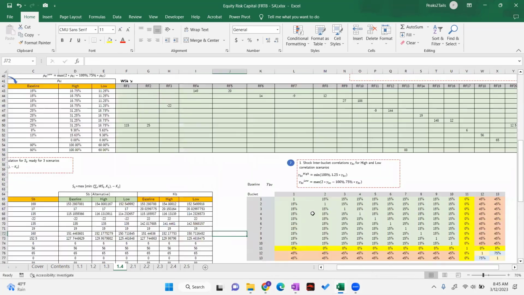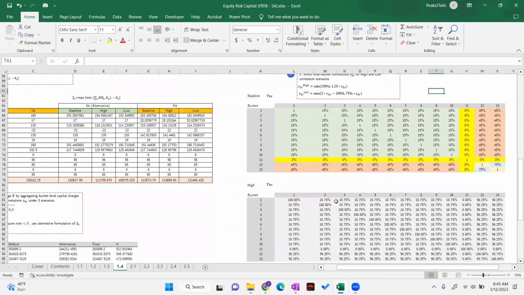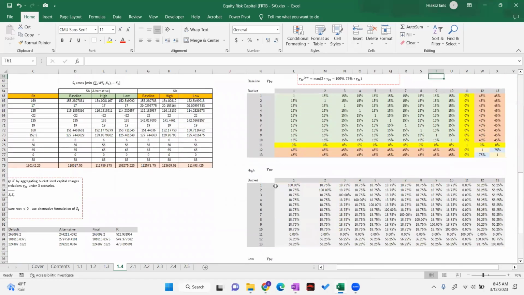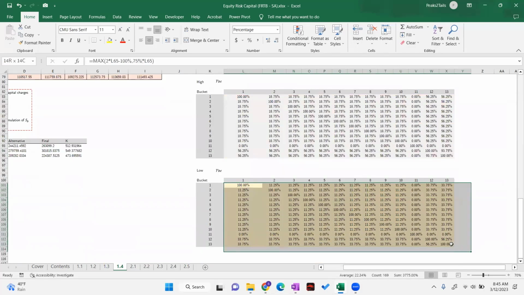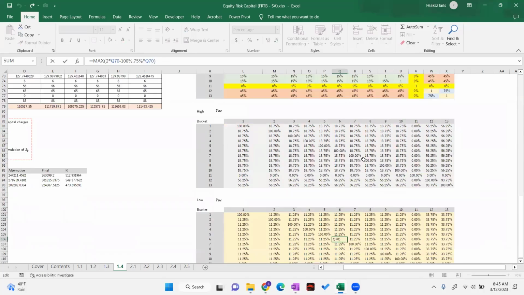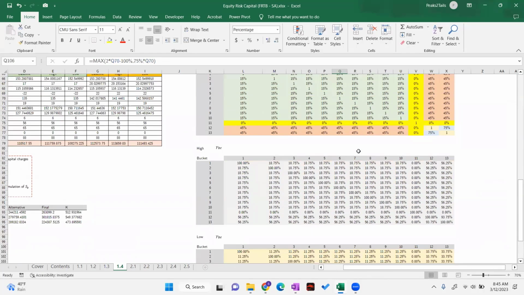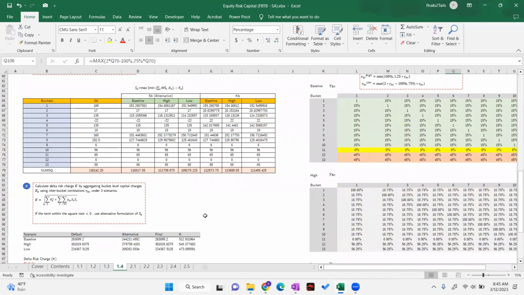And then you have to calculate 2 more for the high correlation scenario and low correlation scenario. For high, this is the transformation of gamma BC. For low, this is the transformation. So I created those 2 matrices for high and low. Every cell is just that transformation of whatever they have given for the baseline. Okay. Now this is done. Now we are ready to calculate the final capital charge.